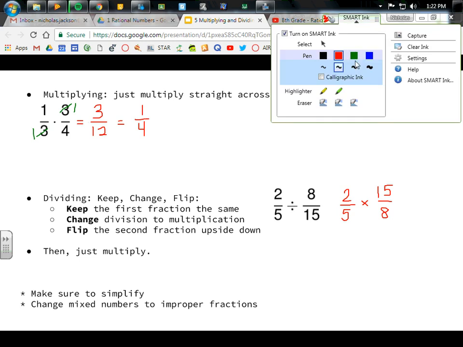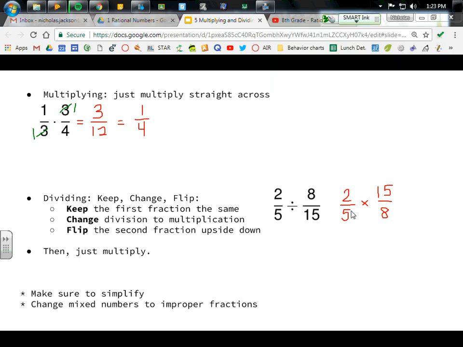Now, I am going to simplify first. 5 and 15 can simplify by 5, and 2 and 8 can simplify by 2. So now what we have is 1 times 3 and 1 times 4, so this is going to come out to 3/4.